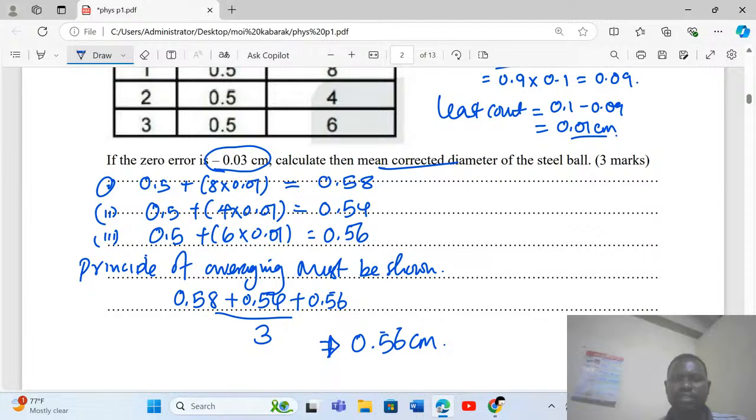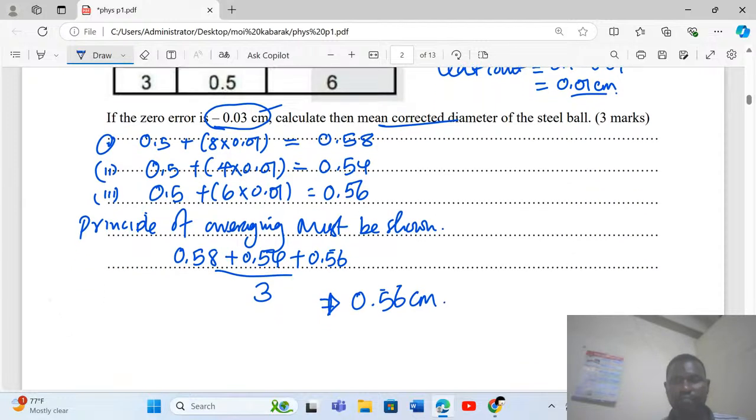Calculate the mean corrected diameter. In this case, we will avoid the error because we're looking for the mean that we got as a reading from the Vernier scale.